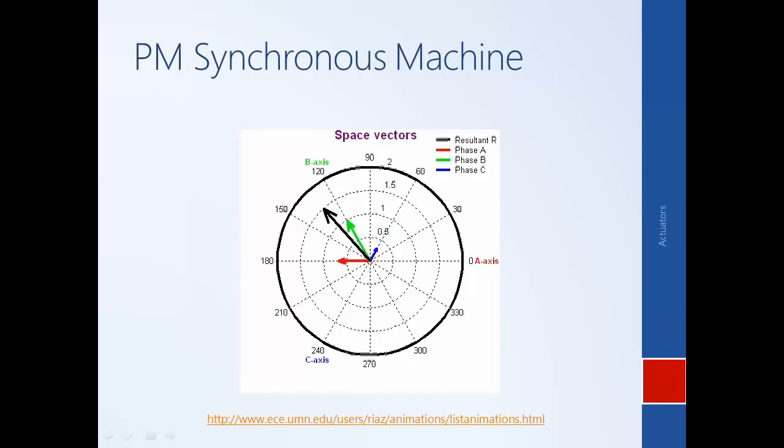And when you sum those three together, you get this black vector, which is the space vector I sub s, which has a constant magnitude, but its direction is changing as these three phases are energized in succession.